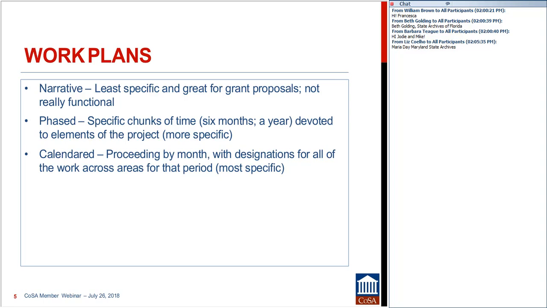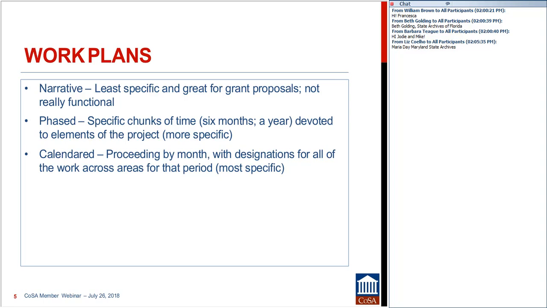Now, the issue with all of these work plans is, well, there are 2 issues with them. Of the narrative and the phased, they give you a general idea about how the work will unfold, but not really a roadmap for the day-to-day work that you will have to oversee.